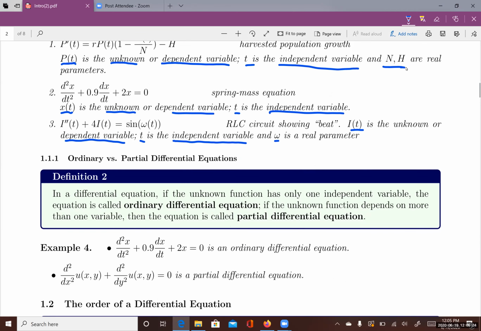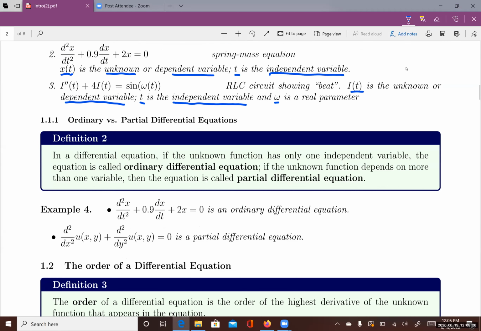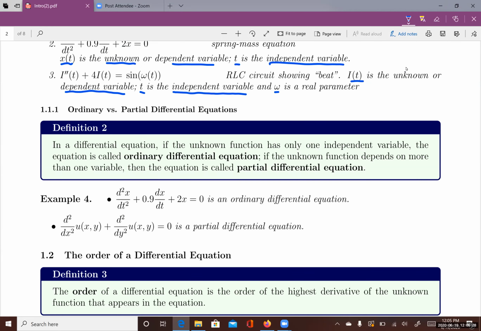Well, then we have to distinguish between ordinary and partial differential equations. By definition, in a differential equation, if the unknown function depends on only one independent variable, then the equation is called an ordinary differential equation.